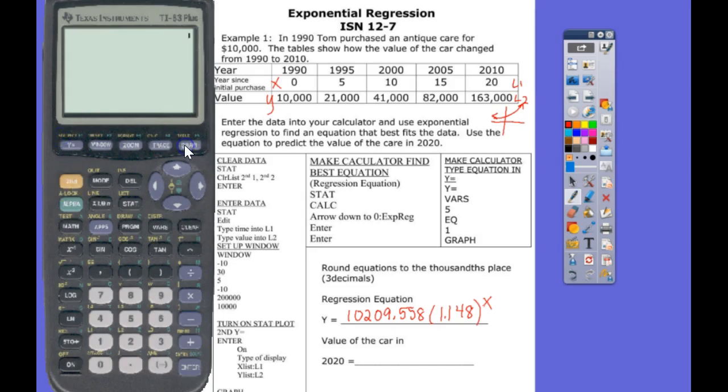So you do second, table. And I want to find the x where it's 30. So what value do you get? That's what I got too.